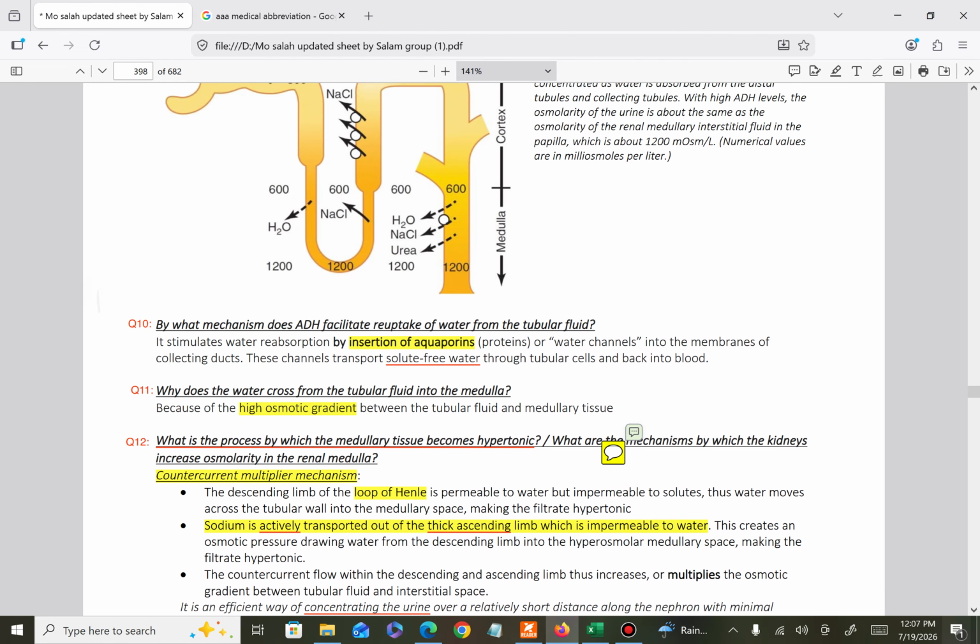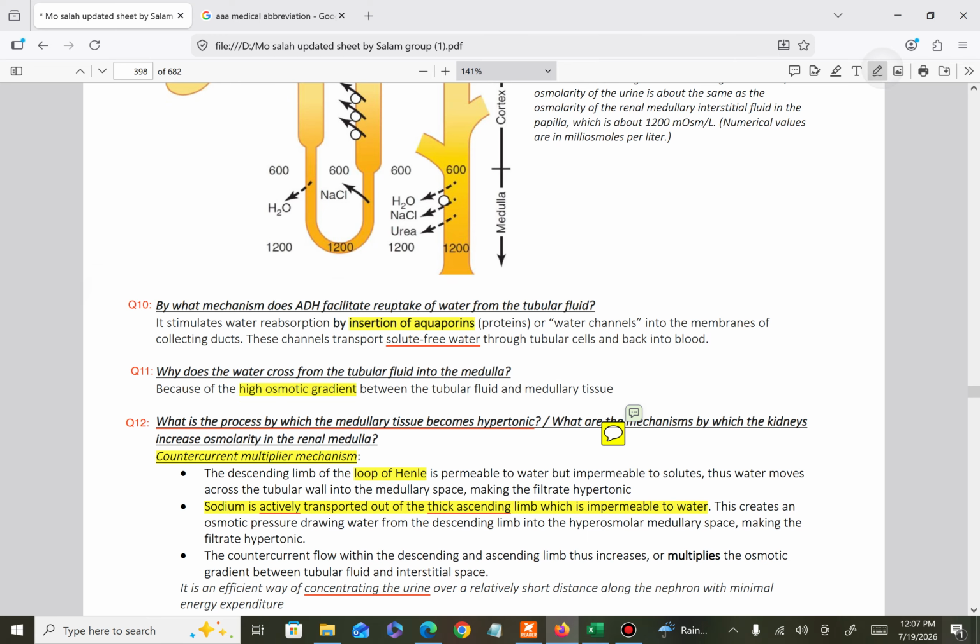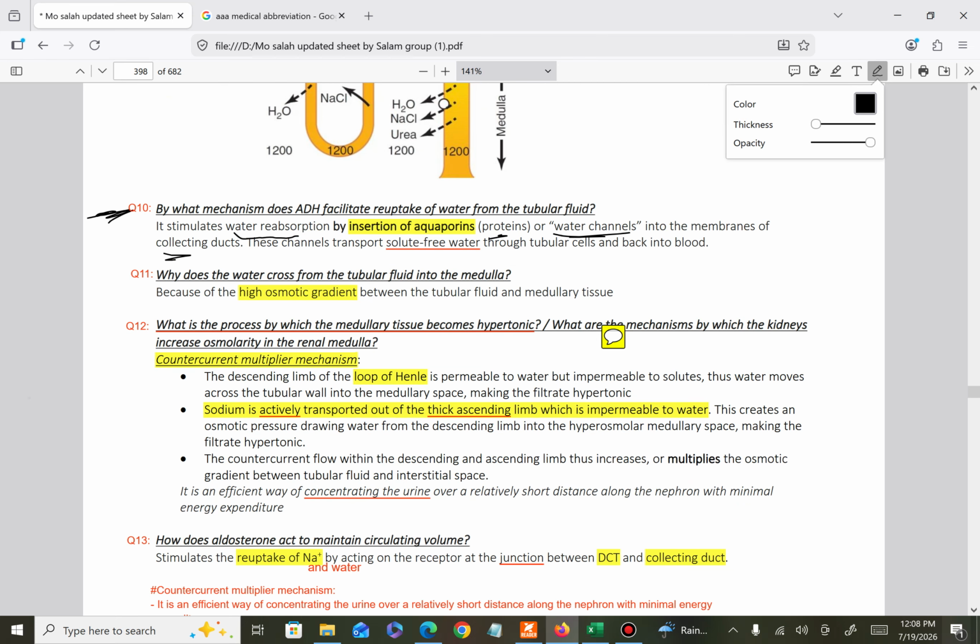By what mechanism does ADH facilitate reuptake of water from the tubular fluid? It stimulates water reabsorption by insertion of aquaporins, which are proteins or water channels, into the membranes of collecting ducts. These channels transport solute free water through the tubular cells and back into the blood.